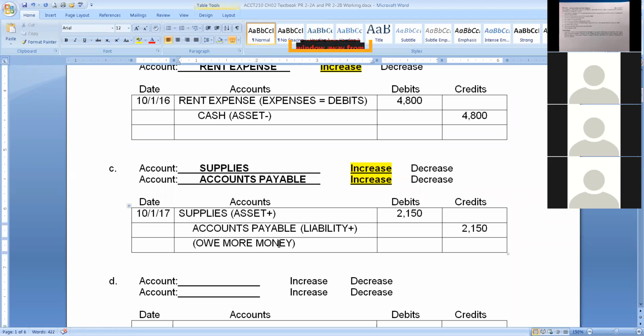So this liability going up means you owe $2,150 more money.